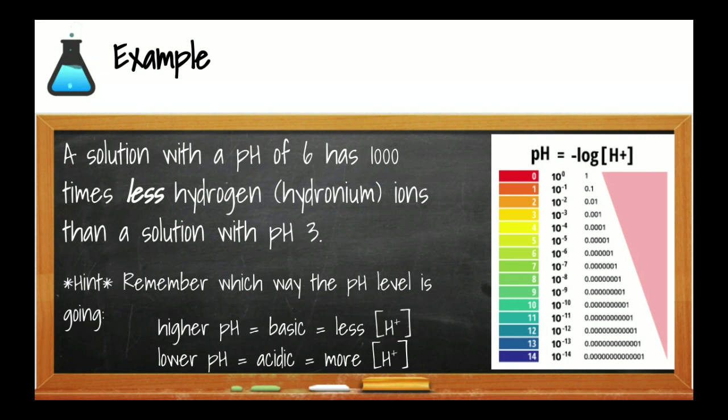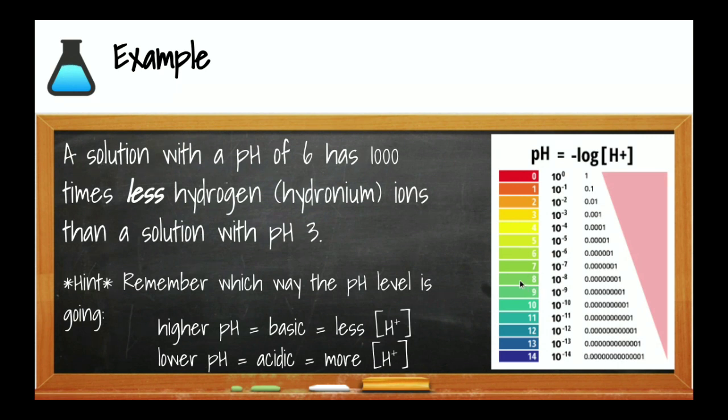So again, for instance, if I wanted to know how much more acidic the concentration of a pH of 2 is to a substance with a pH of 8, I see that the pH units are going to be 6 different. So the concentration is 10 to the power of 6, or actually 1 million times different.